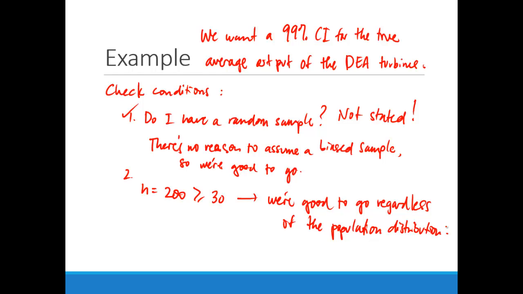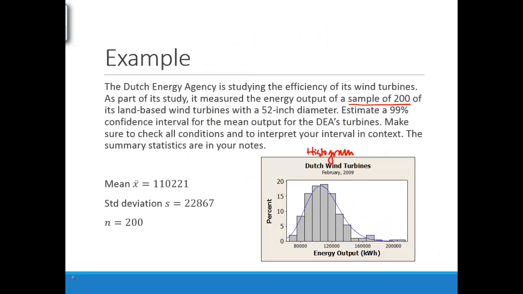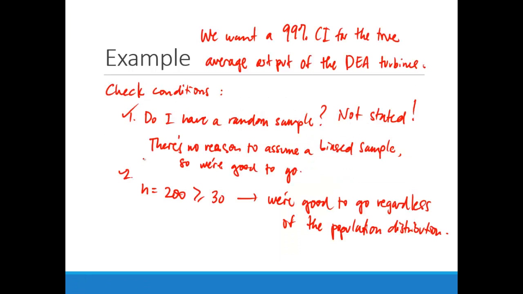And again, we could look back at the histogram, and we can see that there's definitely some skew going on there, right? Most of the data is in one range, but then it does tail off to the right. So it's not perfectly normally distributed, but our sample size is large enough that it doesn't matter. So we're okay on our second condition as well.